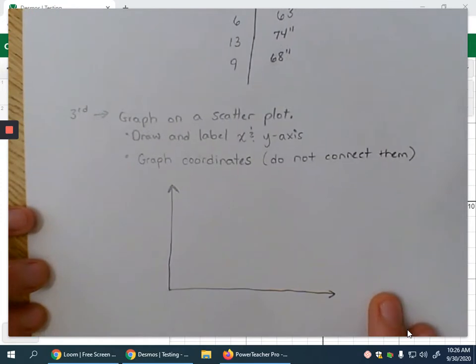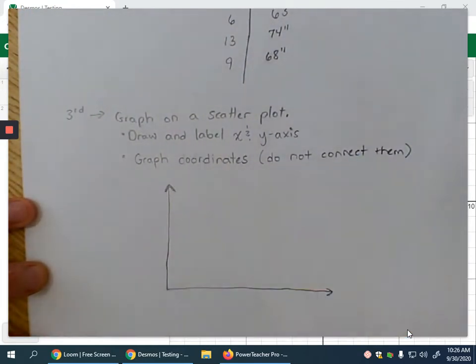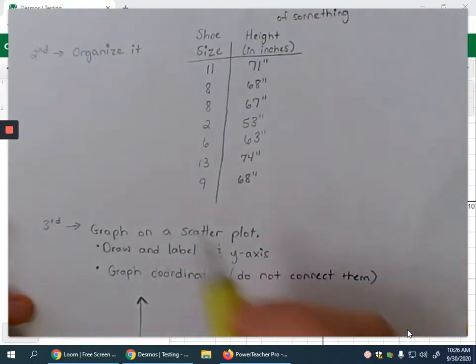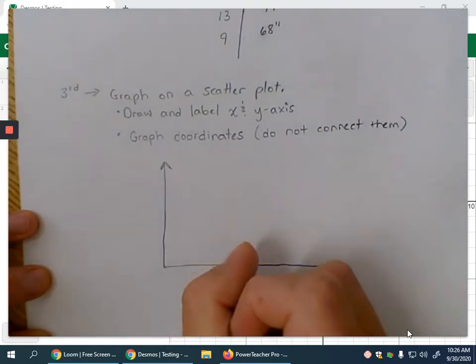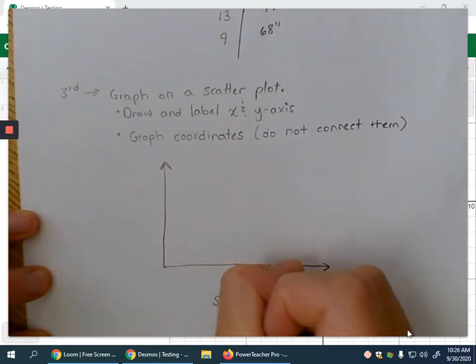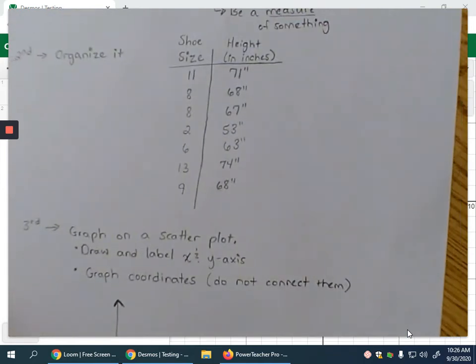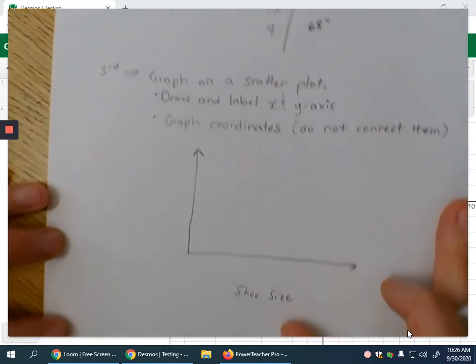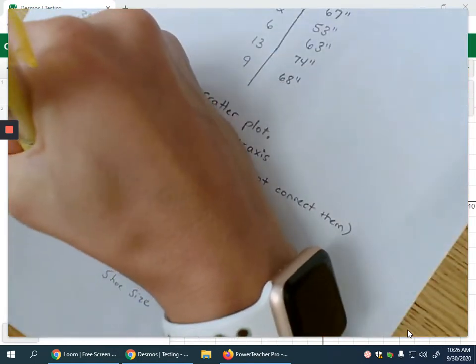And then you need to make sure you label it. My X values were their shoe size, so on my X axis, I'm going to put shoe size. And then my Y values were their height in inches, so along my Y axis, I have to turn this a little bit sideways, that is their height in inches.